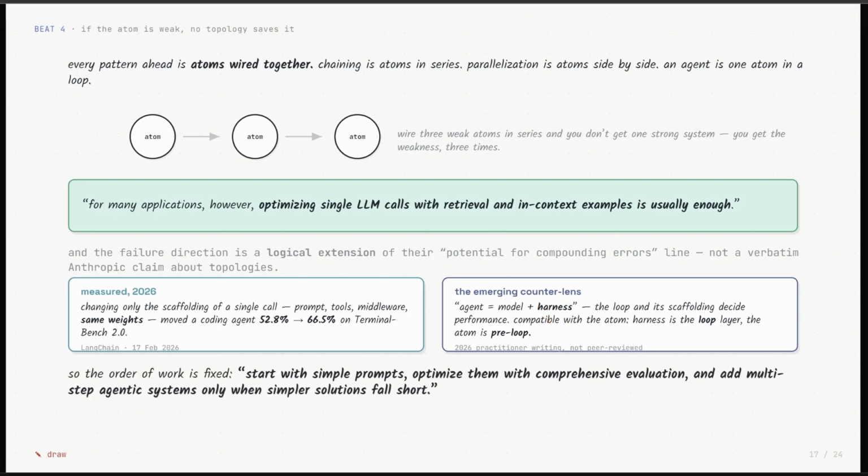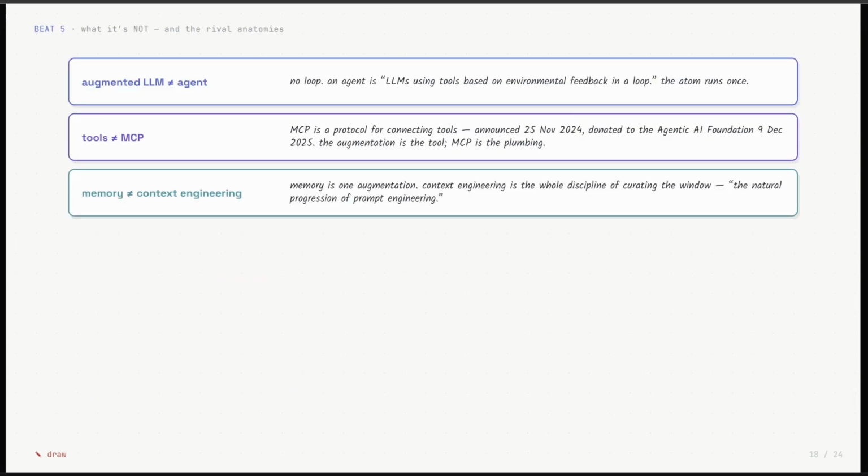So the order of work is fixed here, and Anthropic states it in one line: start with simple prompts, optimize them with comprehensive evaluation, and add multi-step agentic systems only when simpler solutions are not doing the trick. So here we have 3 fences, because each of these gets confused constantly. First, an augmented LLM is basically not an agent by definition.